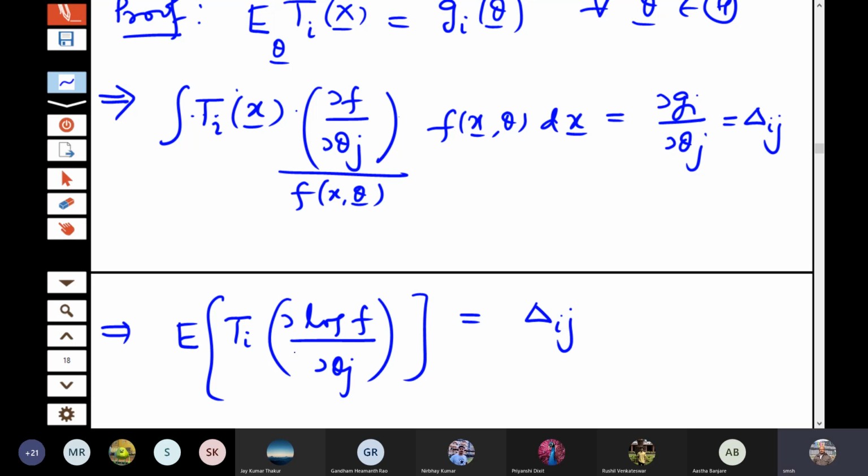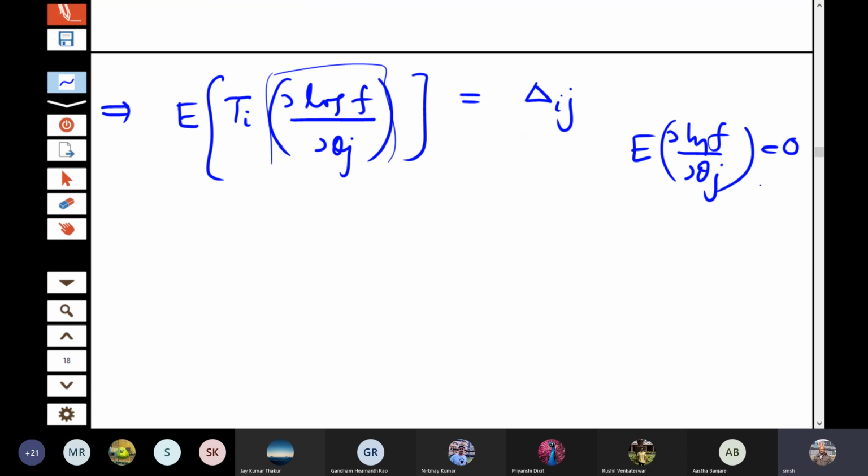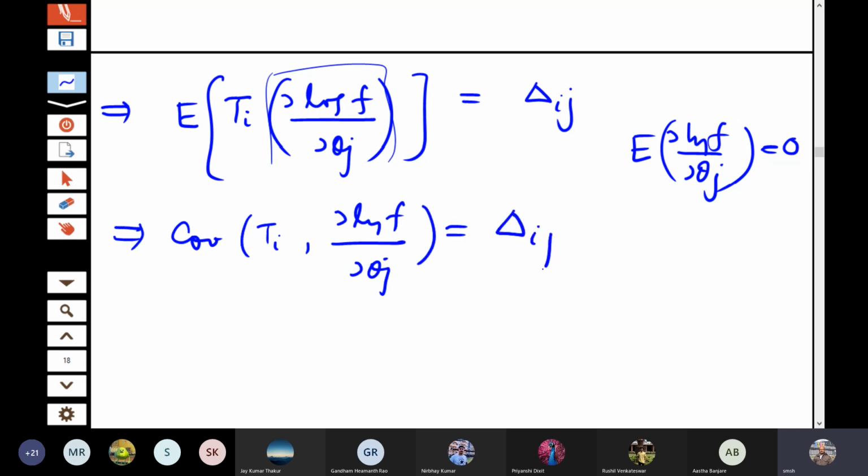Once again, the expectation of this term is 0. That is, the expectation of del log f by del theta_j is going to be 0. We have proved it earlier with respect to one parameter, but even with respect to other parameters this will be 0. So this means that the covariance between Ti and del log f by del theta_j is going to be delta_ij.